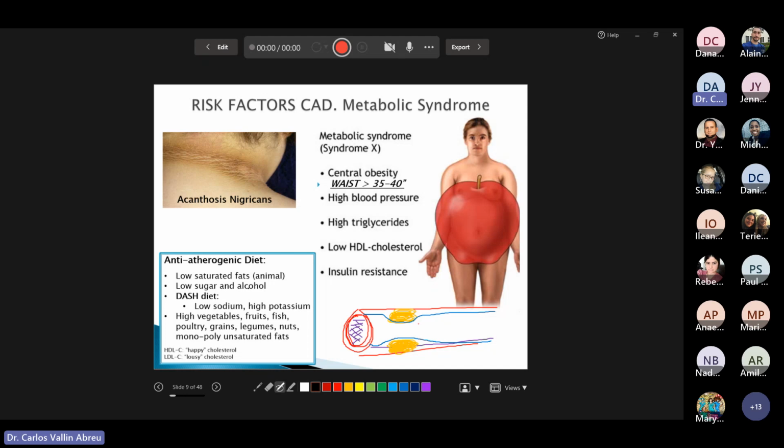Sugar and alcohol should be avoided, with low sodium, high potassium, a lot of vegetables, fruits, grains, nuts, fish and poultry, which are very useful to increase the happy cholesterol, the HDL cholesterol, and to decrease the lousy cholesterol, the LDL cholesterol, the bad cholesterol.